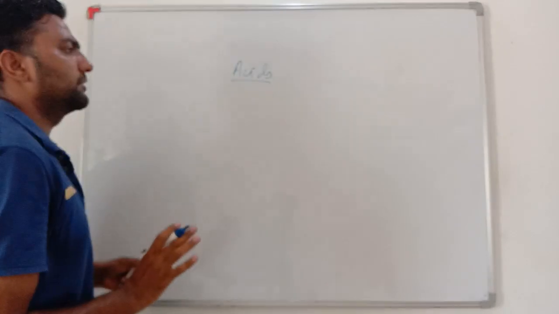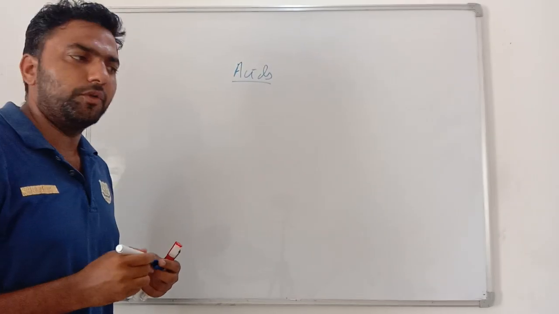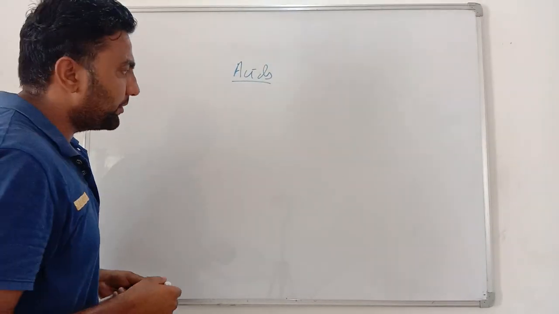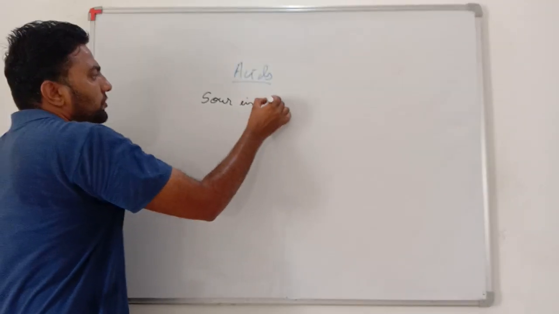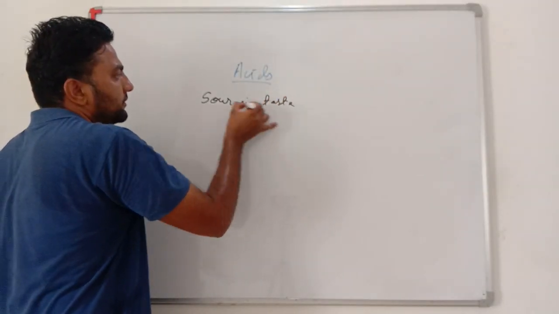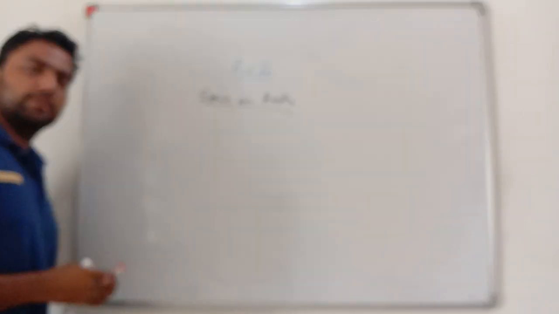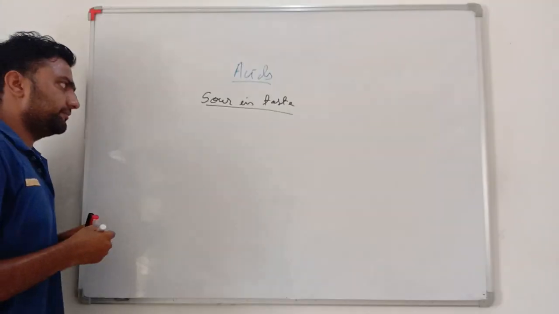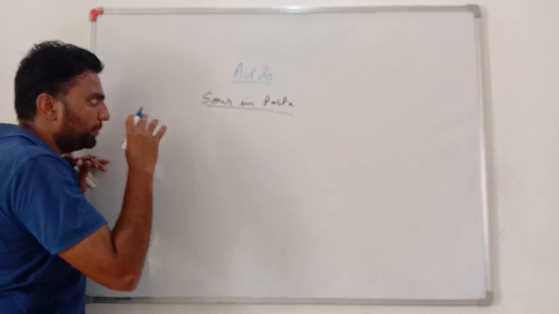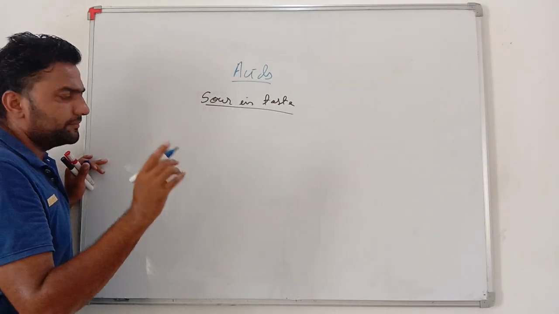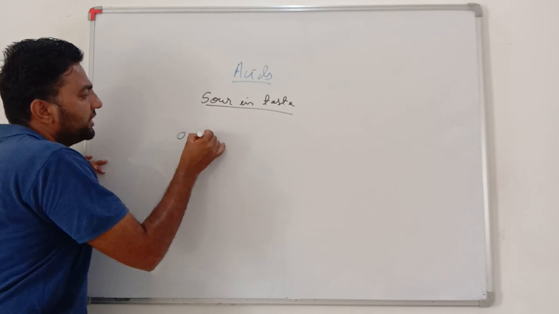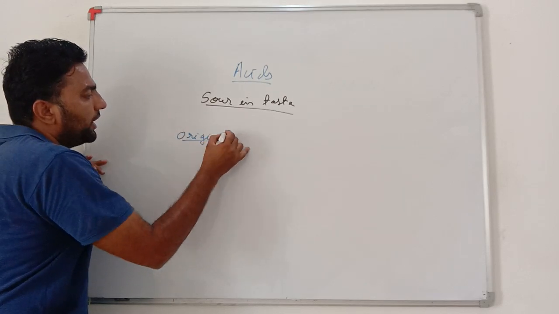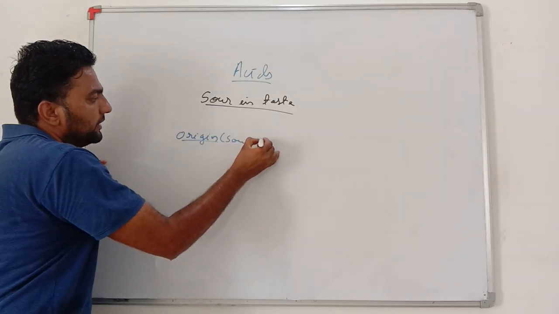See my dear students, till now we know that acids are materials which are generally sour in taste. My dear student, there are many types of acids. So basically, from the origin point of view, from where do we get the acid?